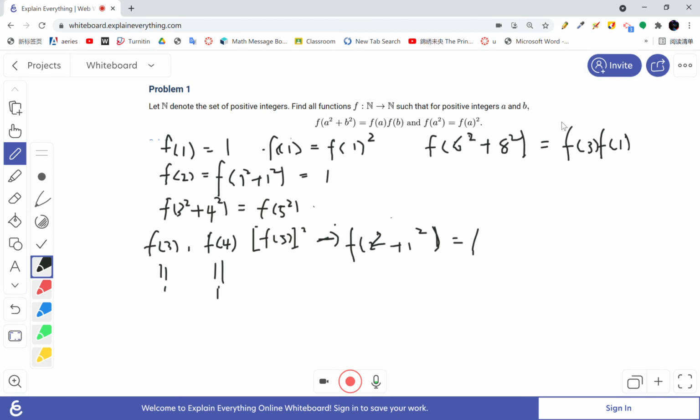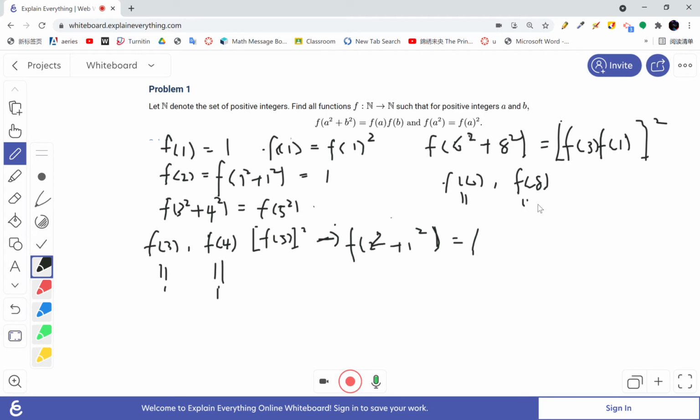Because this is f of 6 times f of 8 and they are both natural numbers, then f of 6 and f of 8 are all equal to 1.